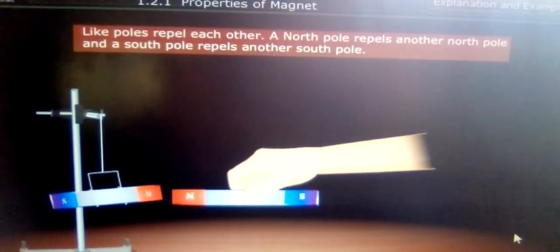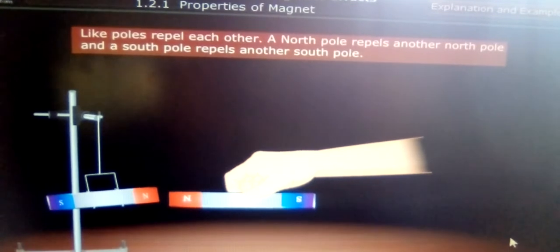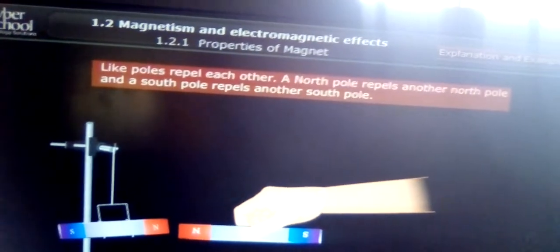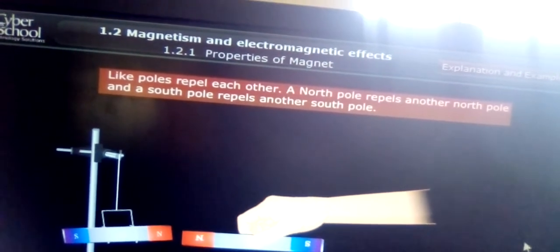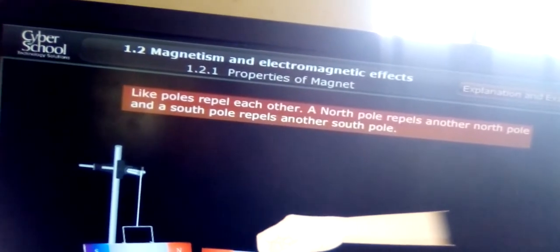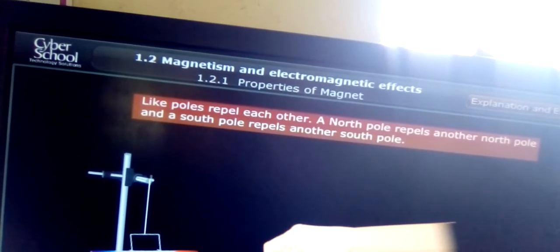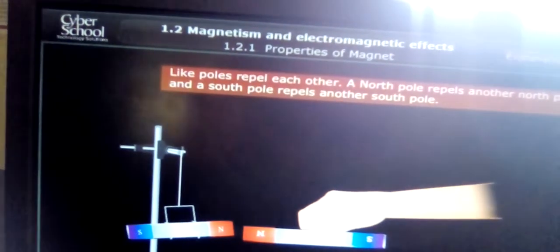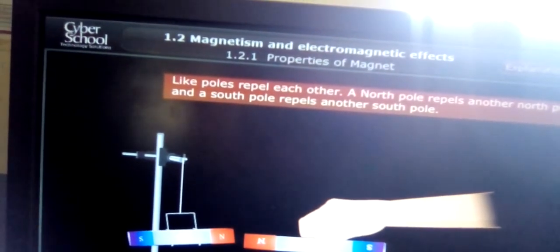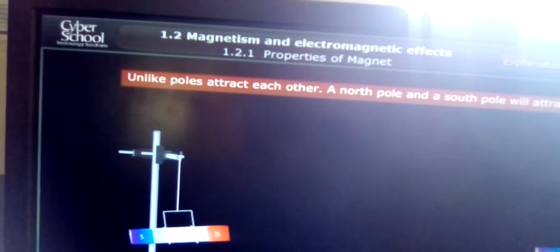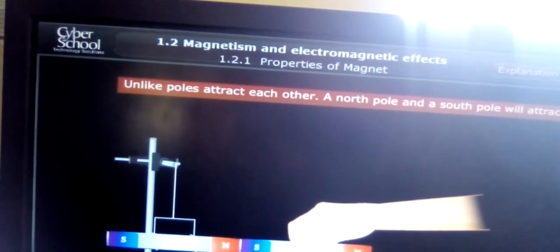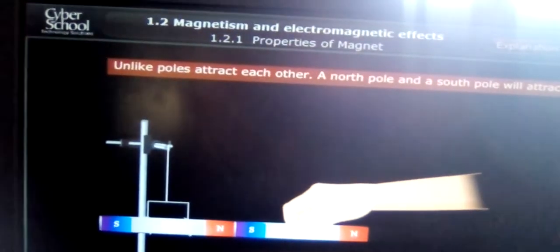Another one is that like poles of magnets repel one another. If you have north, they repel one another, and if you have south, they still repel one another. Unlike poles attract: when you bring unlike poles together, they attract each other.